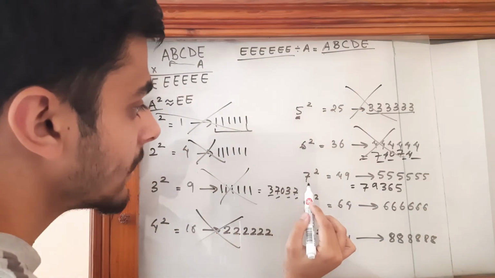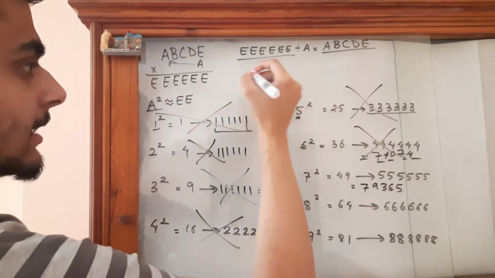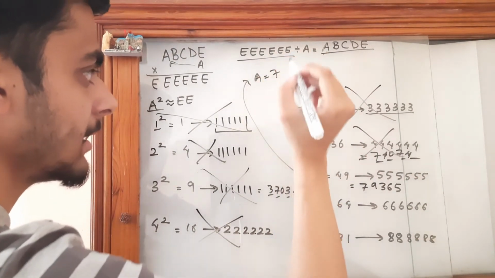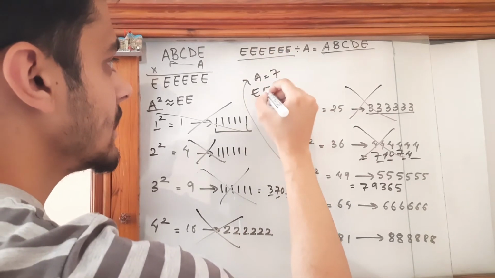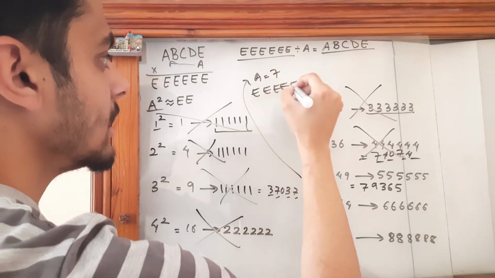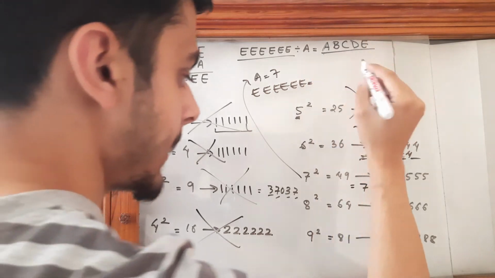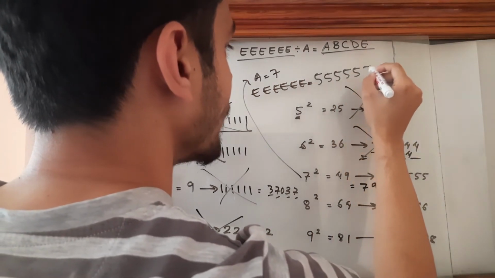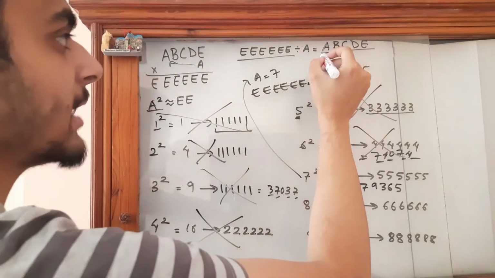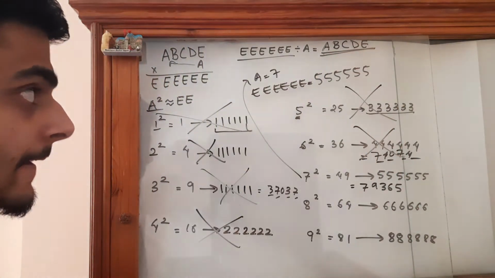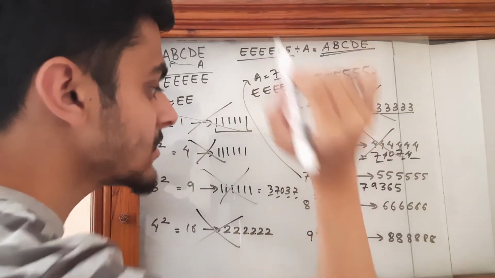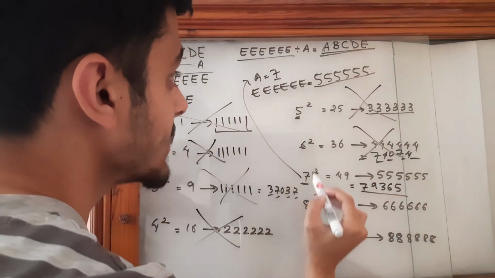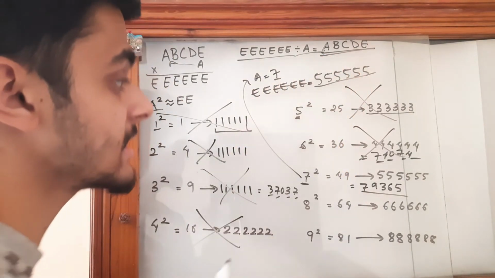So for this case, we have supposed A to be 7 and E to be 555. So we have to find A, B, C, D, E. So if we divide this by this, we get this answer. So A has to be 7 for this case, which it is, a good sign.